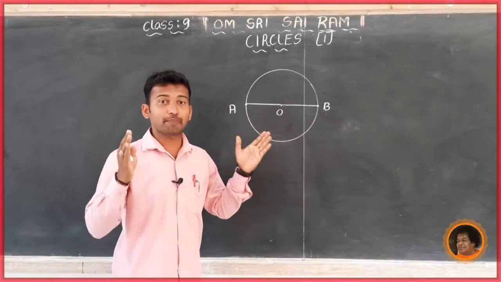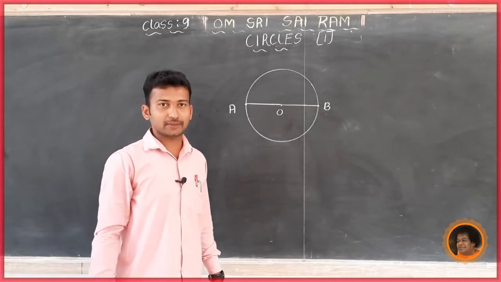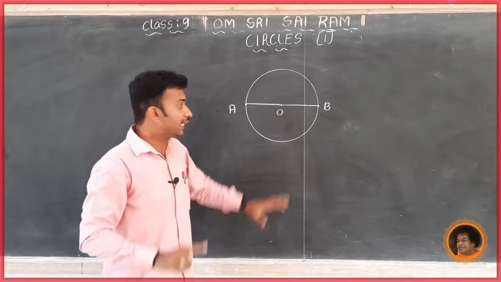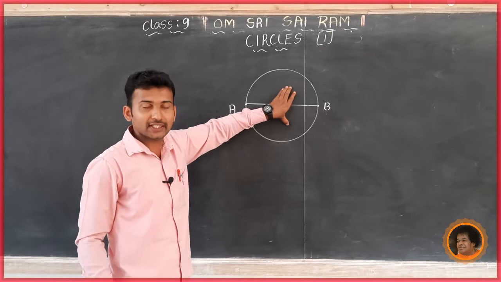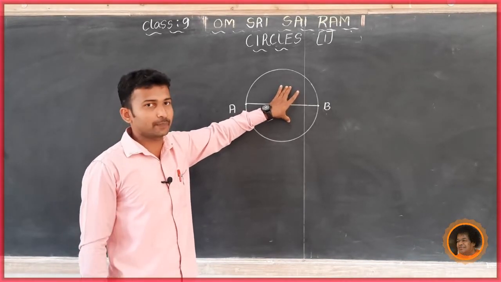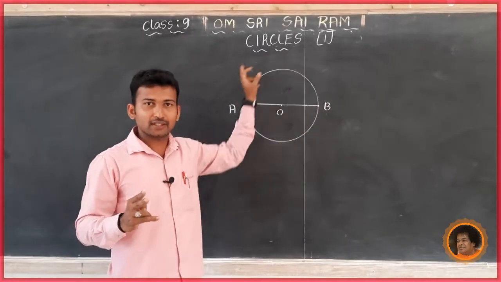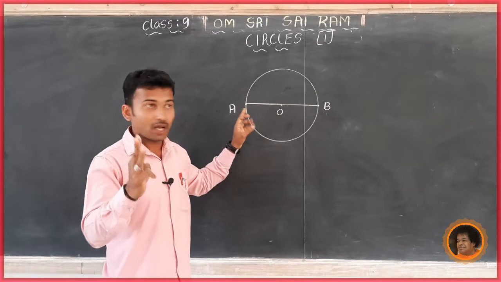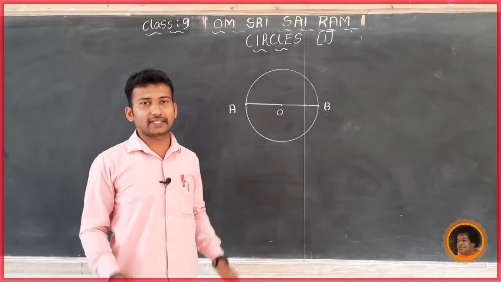Next, the circle divides the plane in which it lies into three parts. First, the interior of the circle, or inside the circle. Second, the circle itself. Third, the outside of the circle, or the exterior of the circle.